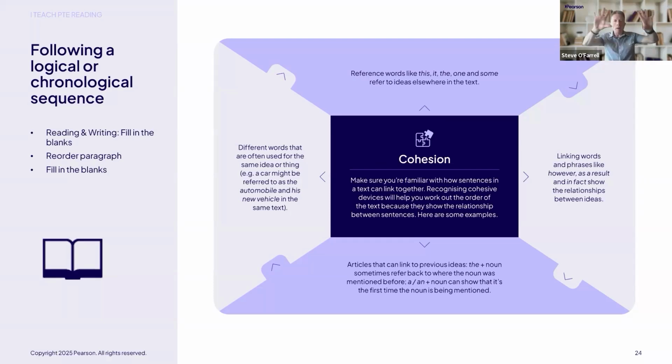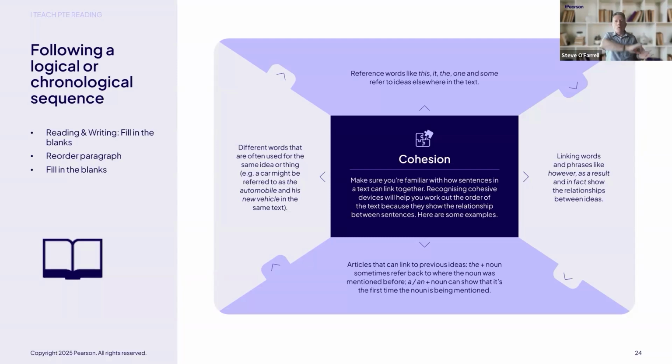And this is a kind of a matrix of how you can fit into that logical chronological sequence, and cohesion is the key behind this. Making sure you know how sentences can link together with cohesive devices, relationships between sentences.